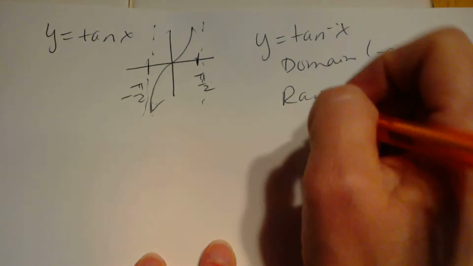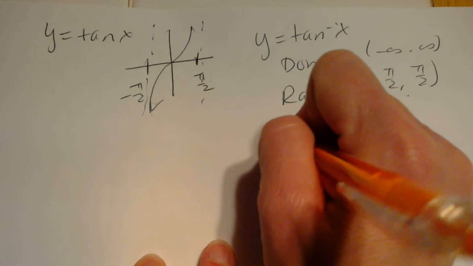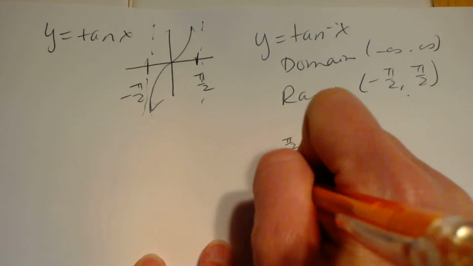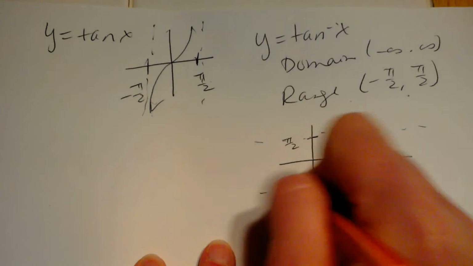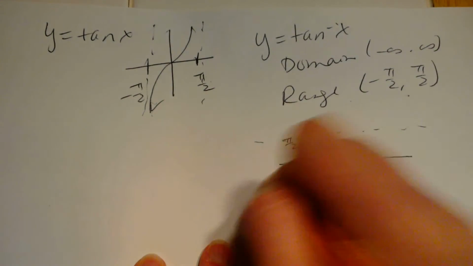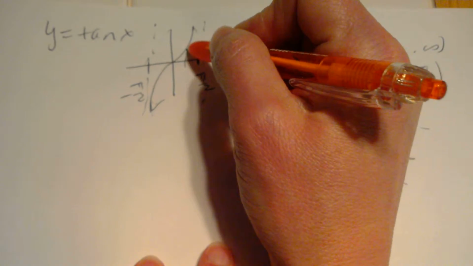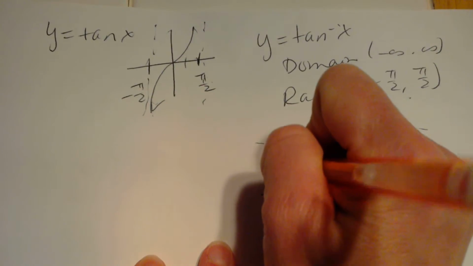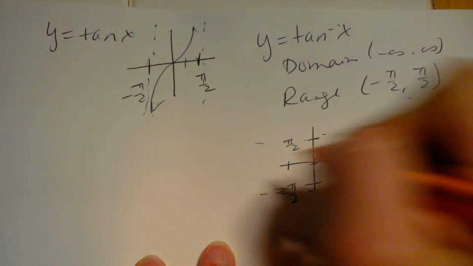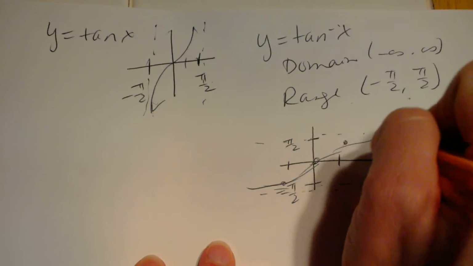So if I'm going to graph this one, I'm going from negative pi over 2, sorry, that's pi over 2, negative pi over 2. And I'm going to have an asymptote here, asymptote here. So here, whatever this would be. So positive is positive. So positive 1, and that pi over 4, negative pi over 4, and it's just going to look like this.